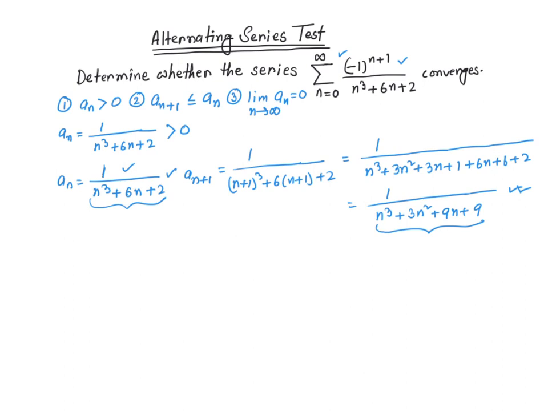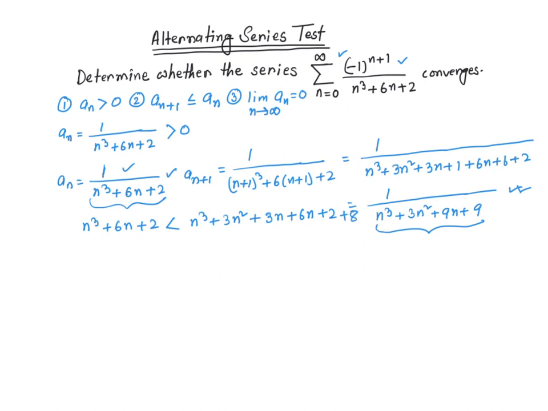So please pay closer attention here. n cubed plus 6n plus 2 is less than n cubed plus 3n squared plus 9n. I'm going to break it down a little bit further: 3n plus 6n plus 2 plus 8.